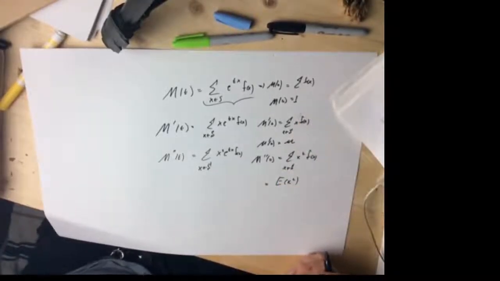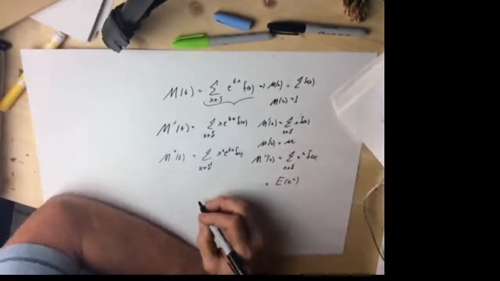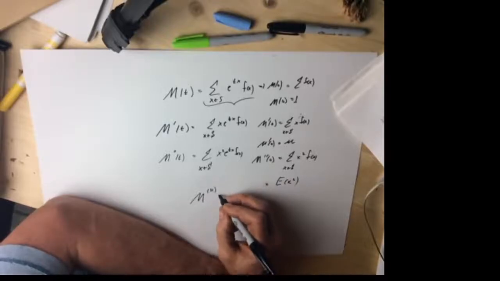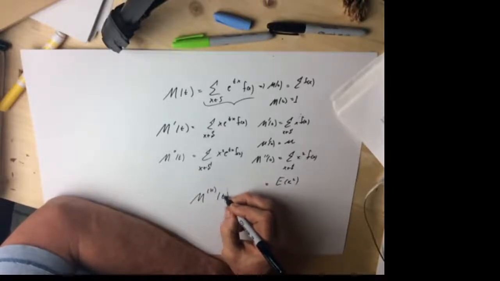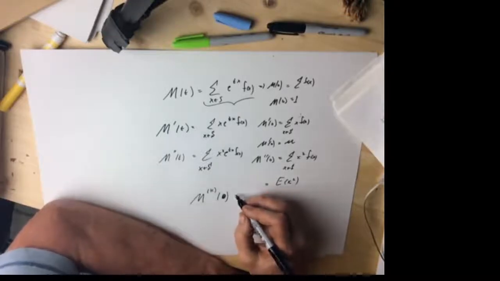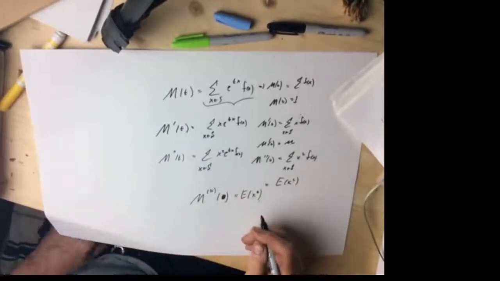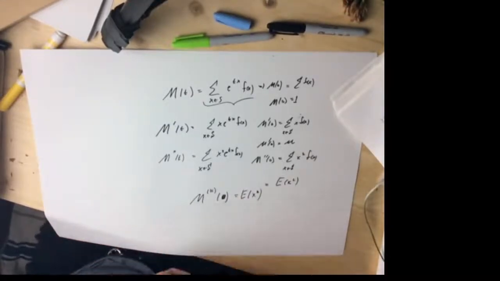And this continues, and hence the name, the moment-generating function. So if you want to take the kth derivative of the moment-generating function and then evaluate it at 0, why, lo and behold, you're going to get the expectation of the kth moment.